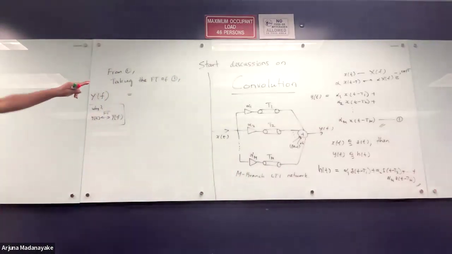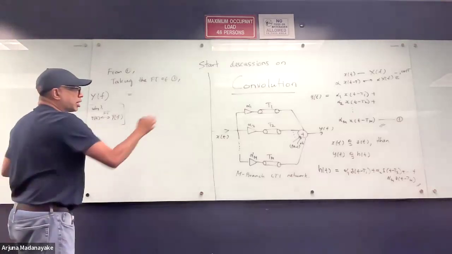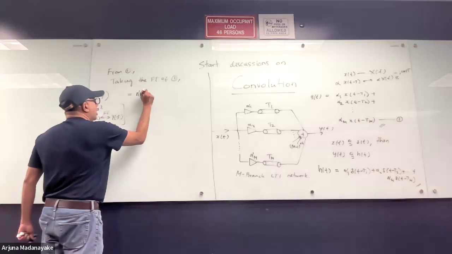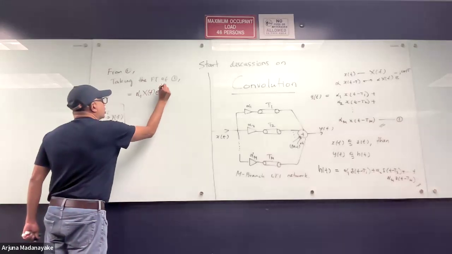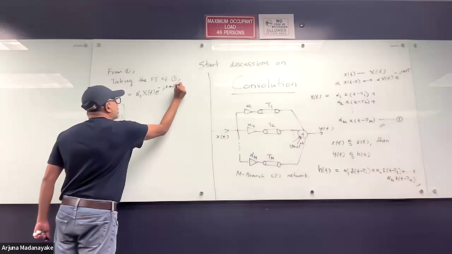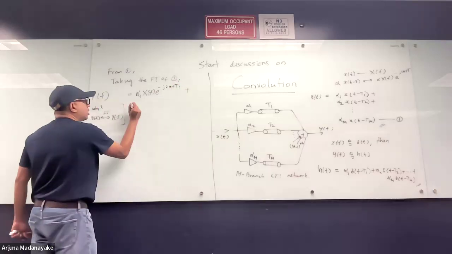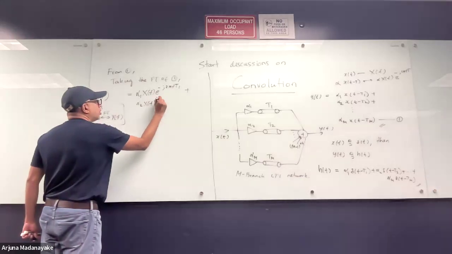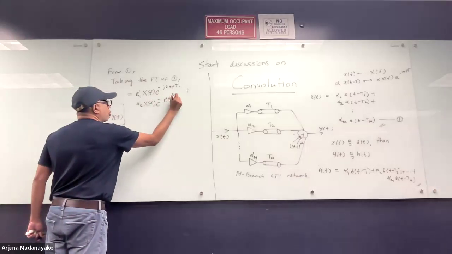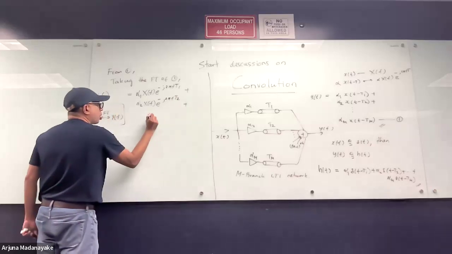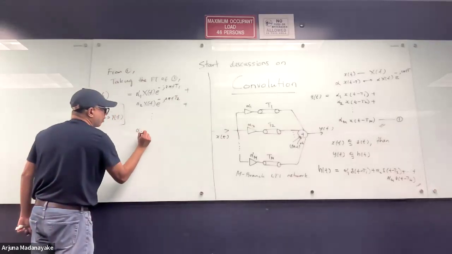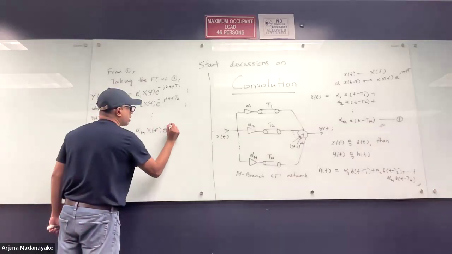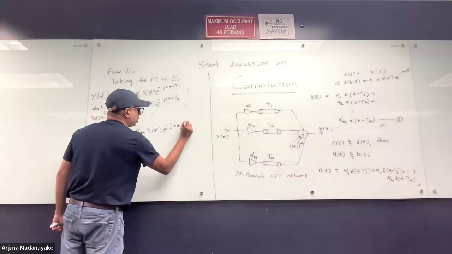We can use that property multiple times for every term. So for the first term, it becomes alpha 1 capital X(f) e to the minus j 2 pi f t1. For the second term, alpha 2 capital X(f) e to the minus j 2 pi f t2, dot dot dot. The last one, alpha M capital X(f) e to the minus j 2 pi f tM.